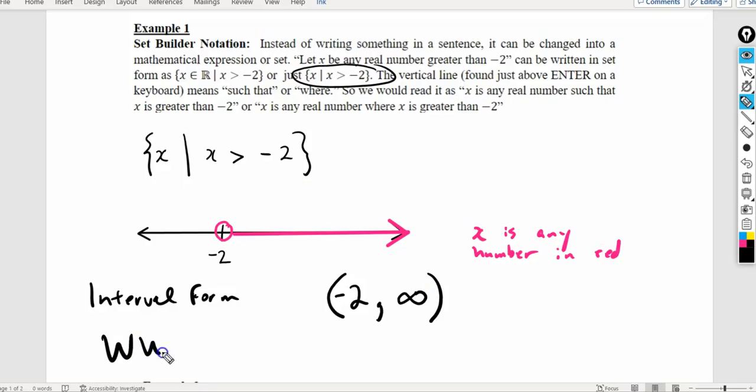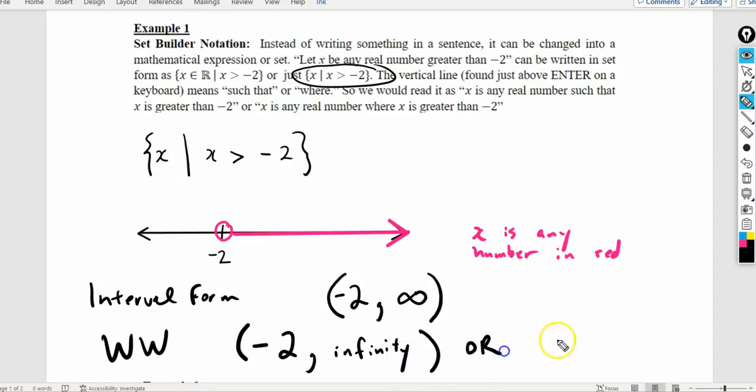Now in WebWork, if you were going to type this in, there's not an infinity symbol on your keypad. So you would type parenthesis, minus a dash, a 2, a comma, and then just type infinity. Or sometimes, because WebWork is taken from many different textbooks, so they use different ways, you might be able to get away with it if you just type in inf.